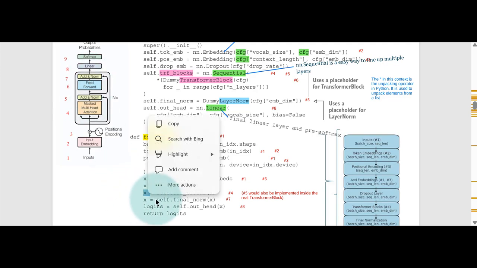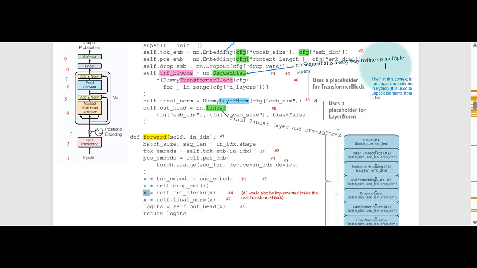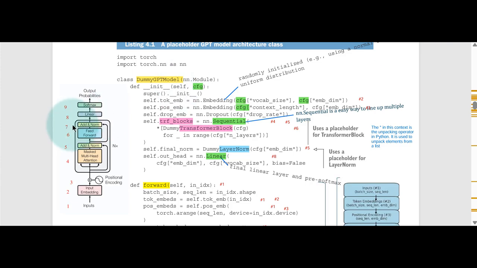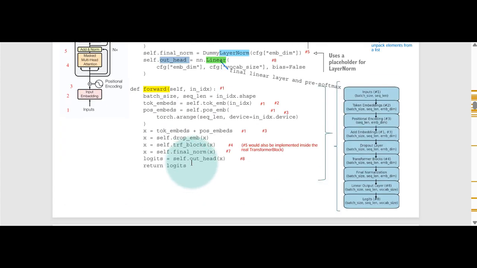Then we take the result of that and pass it through this linear layer here, which gives us the logits, and at the end we return the logits.